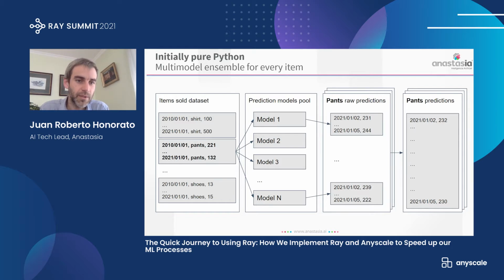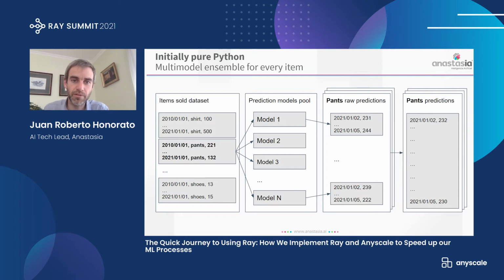Then for each one of those, we have a series of dates, each one of those having their own values. And we can think of those values, for example, as the number of items sold on that particular date. So that dataset is fed into a number of models.